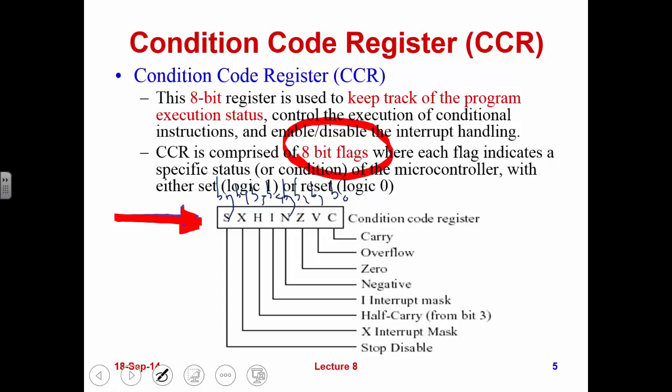As I mentioned, those 8 bits are used to keep track of the program execution status. So the programmer, the user, can know what's going on with the program by checking these bits: whether something is wrong or everything is fine. They also control the execution of conditional instructions, and sometimes we can enable or disable interrupt handling by configuring some bits.